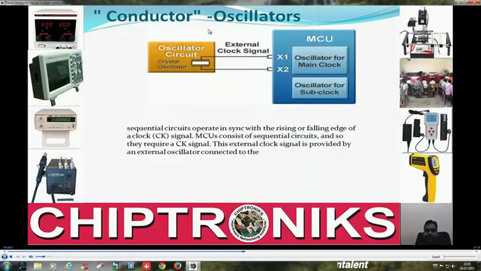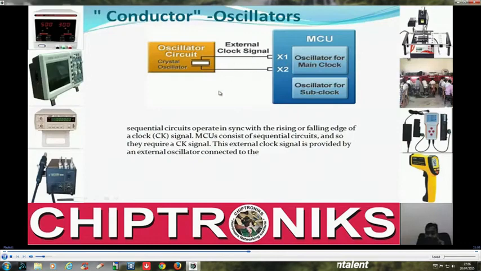Now let's go to the next slide. Oscillator. As we have studied, a microcontroller requires a clock, so you require some kind of clock signal, and hence an oscillator. As you can see, a crystal is connected with an IO controller.